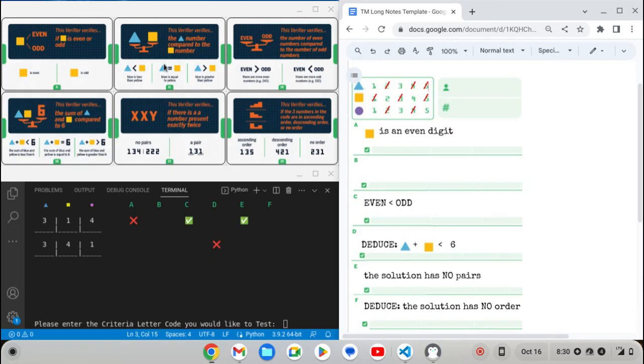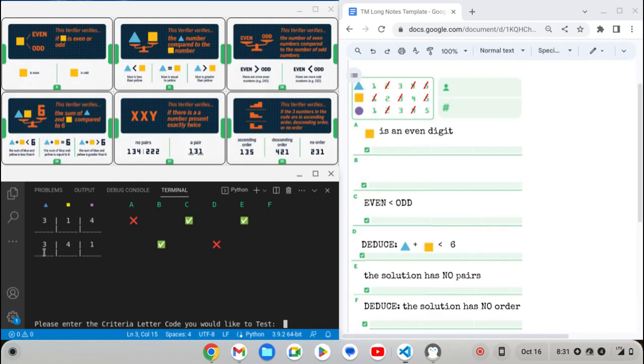Let's see, are we dealing with a no order? Yeah, I guess. Well, let's go ahead and test criteria card B. Okay, so it is true when we're comparing triangle and square.